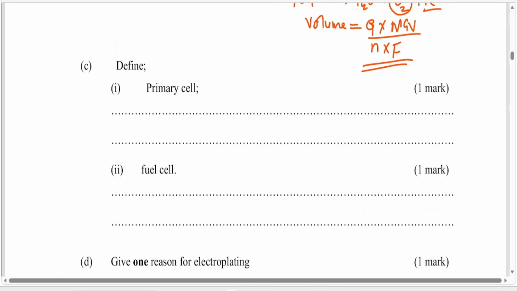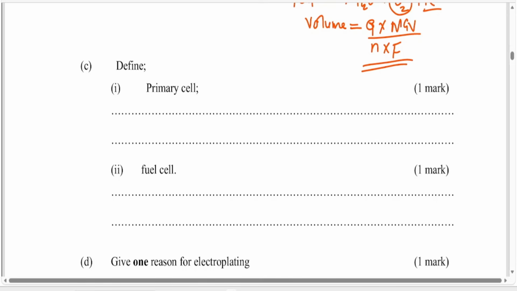Define primary cell. What is a primary cell? We know we have those cells that once you use them, you cannot recharge them. Those are the cells that we refer to as primary cells. For instance, we have the dry cells, the Leclanché cell.